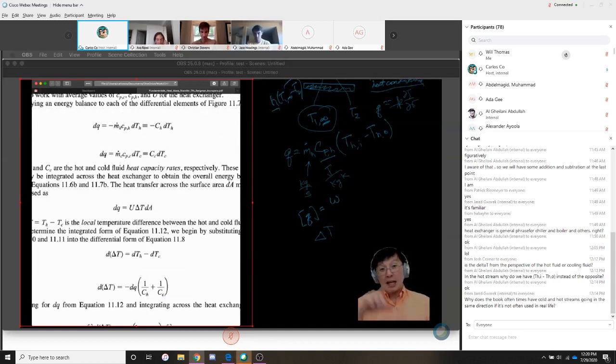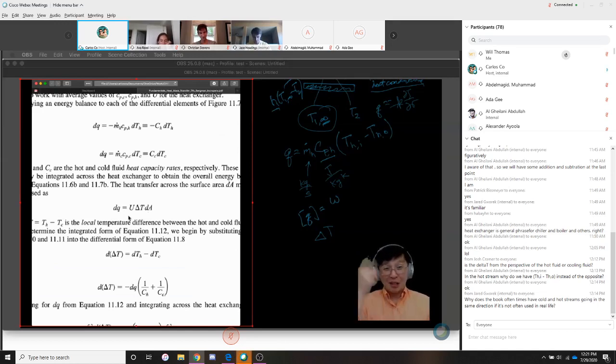It basically describes that if you have a temperature difference between two streams, and there's convection, and at the same time conduction across the wall of the material, then this U is the proportionality factor that you multiply the temperature difference by and the area to give you the heat transfer rate that you could achieve over that small amount of area across which a certain delta T is present.